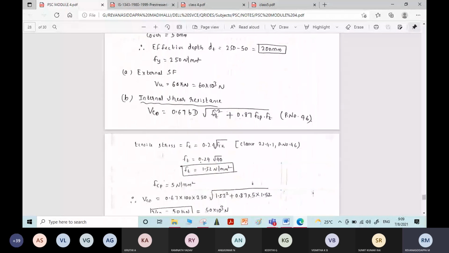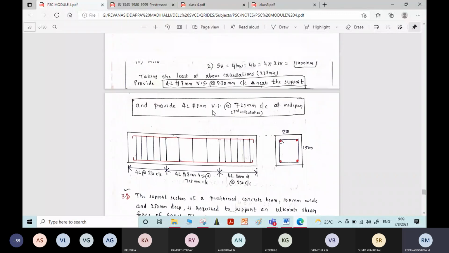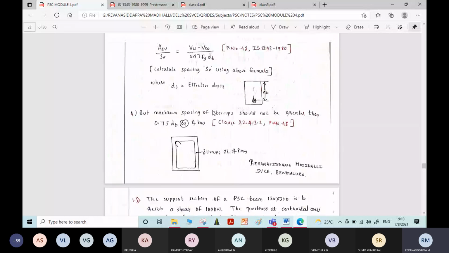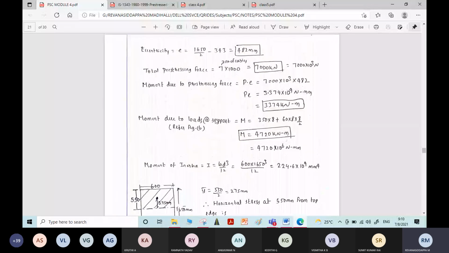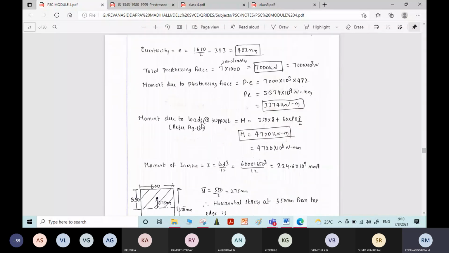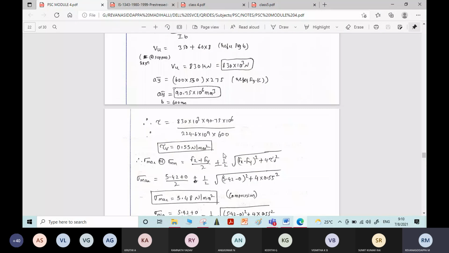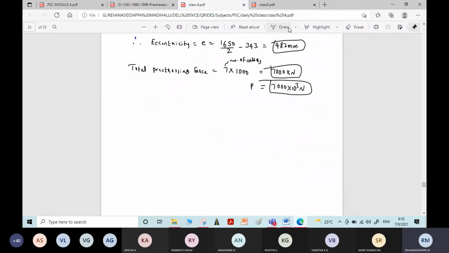Now, moment due to pre-stressing force. First we will write the equations for the principal stresses.